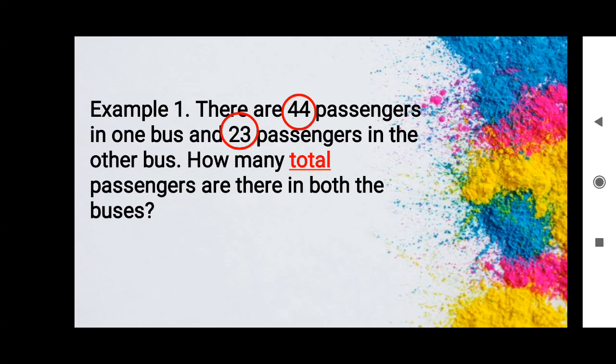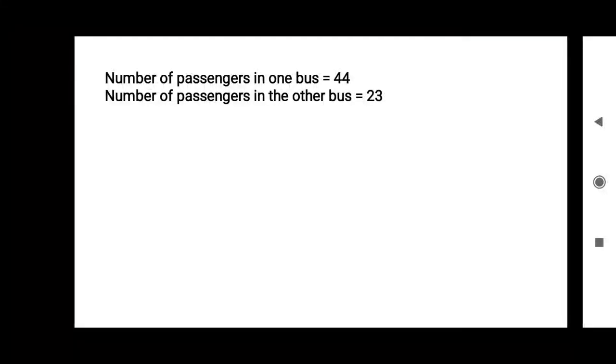So now I will write the statement. So what will be my first statement? Number of passengers in one bus equals 44. And what is my next statement? Number of passengers in the other bus equals 23.